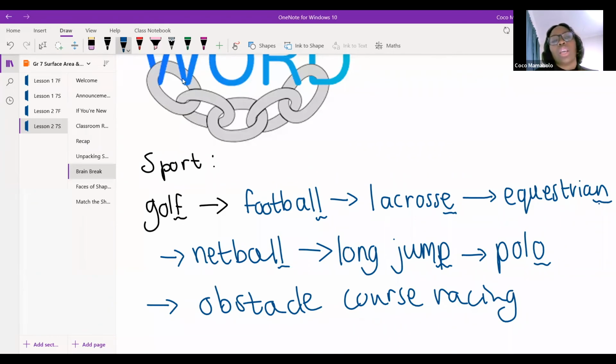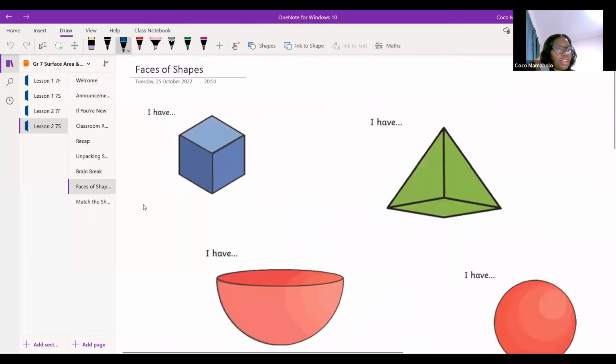All right. Okay, guys, we're going to be learning about the faces of shapes today. But we're not just going to be learning about the faces of shapes, because I know that you guys know what shapes are. Every time I come to this class, my English just disappears.